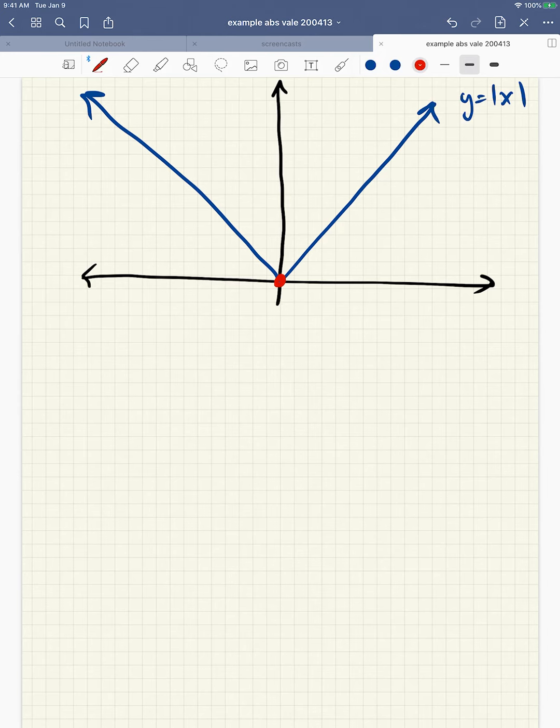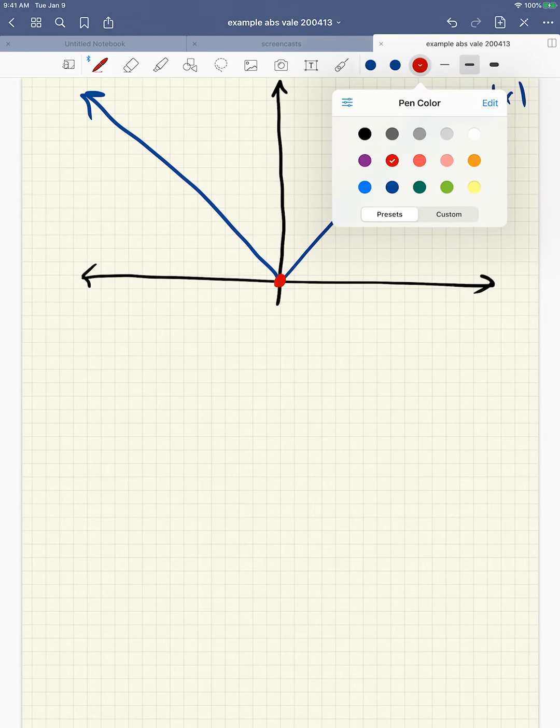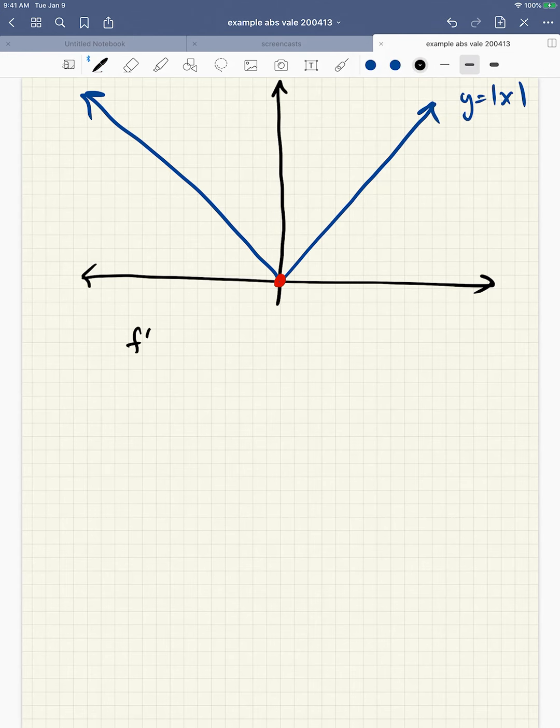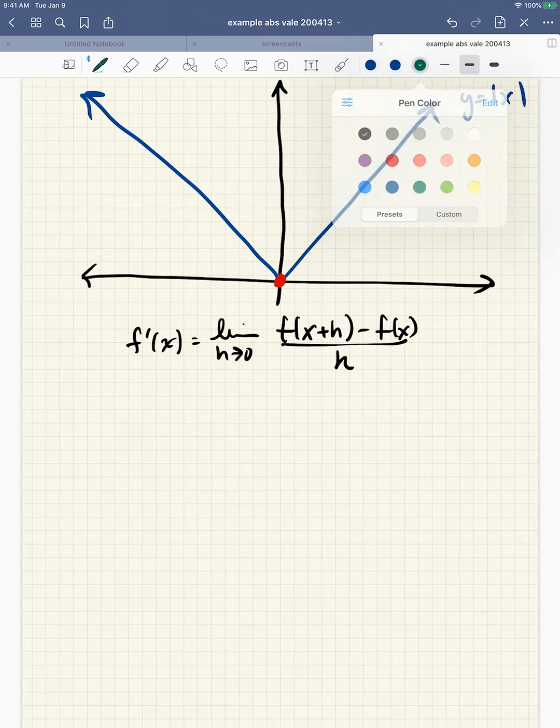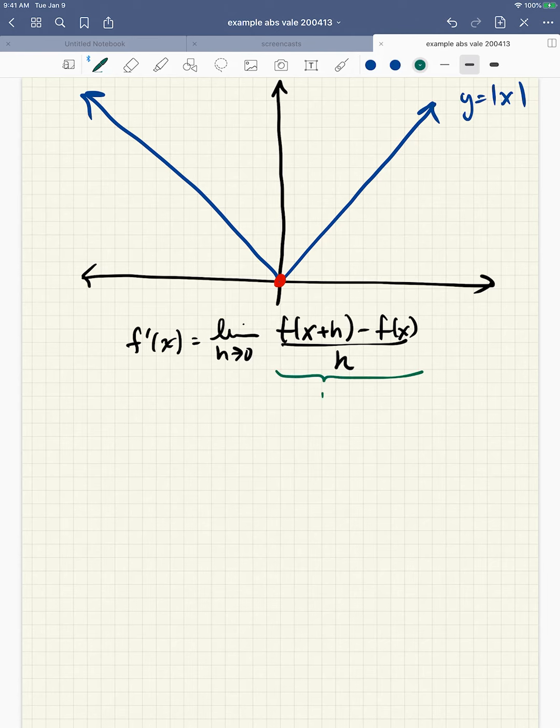Well, let's look at this in two ways. The derivative at a point is the limit of the difference quotient based at that point. And this difference quotient right here, this is an average rate of change, or if you like, the slope of a secant line.